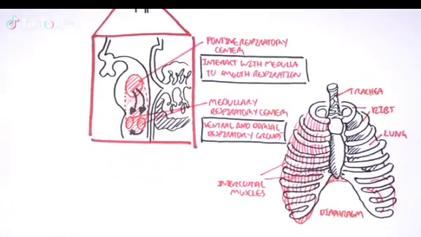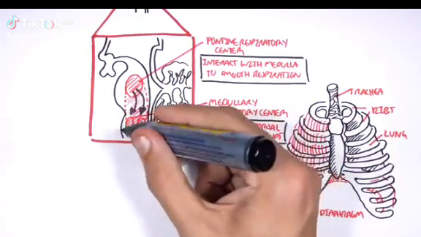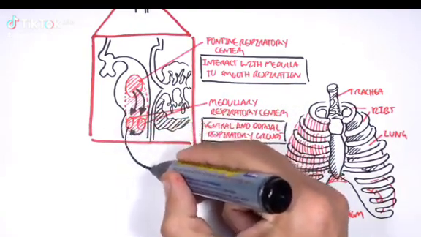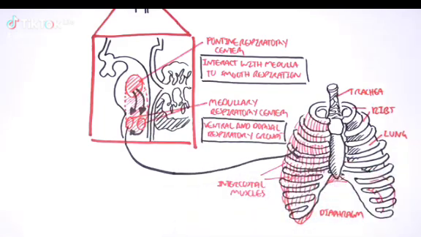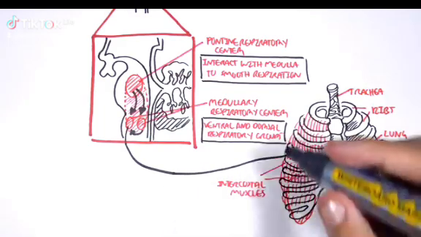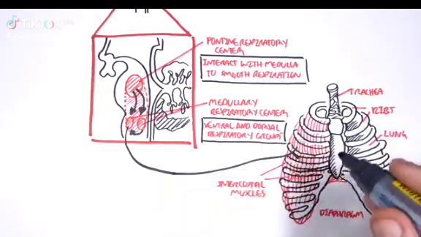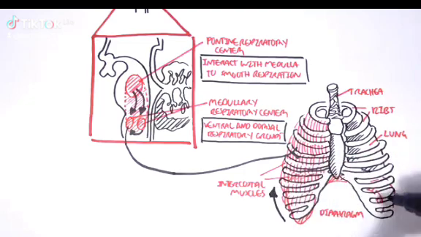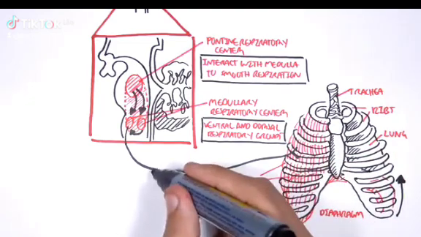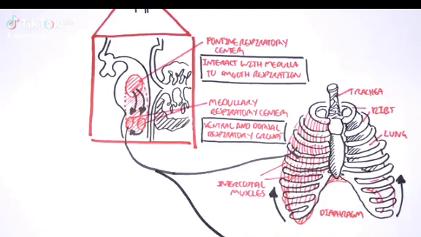So in a very simplified way, the respiratory center will send impulses to the muscles of the lungs to trigger inspiration or expiration. So for example, here we have impulses being sent via neurons to the intercostal muscles to cause inspiration. So the ribs will rise. And the impulses are also being sent to the diaphragm to cause inspiration.